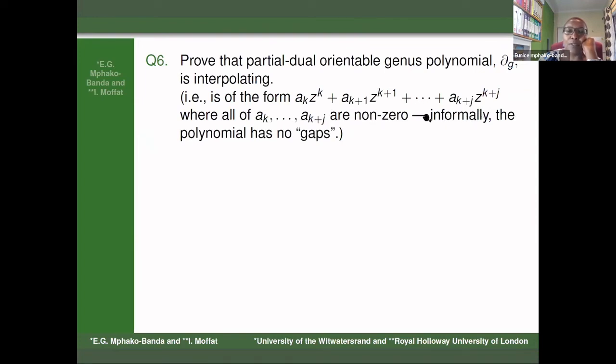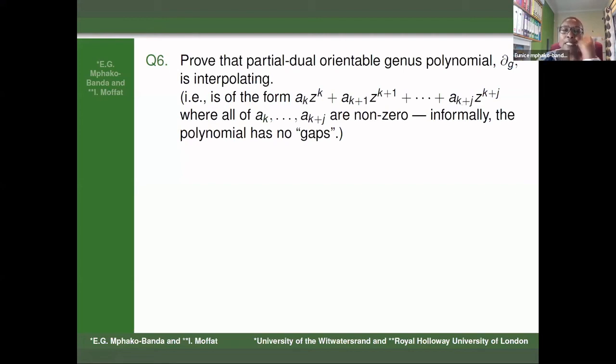And sometimes you just say that the polynomial has no gaps. So can you prove that the partial dual orientable genus polynomial is interpolating, i.e. you can find that it is equal to a_k z^k up to z^(k+j), where the a_j, a_k are non-zero?